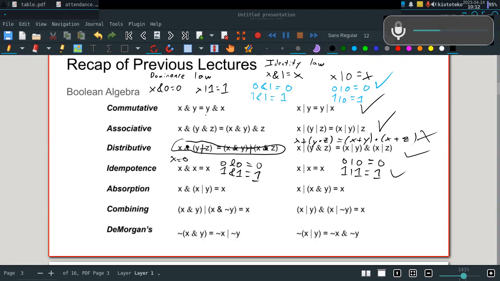Again, because somehow the OR and AND operators are defined. And finally, we also have the inverse law, which is very useful.